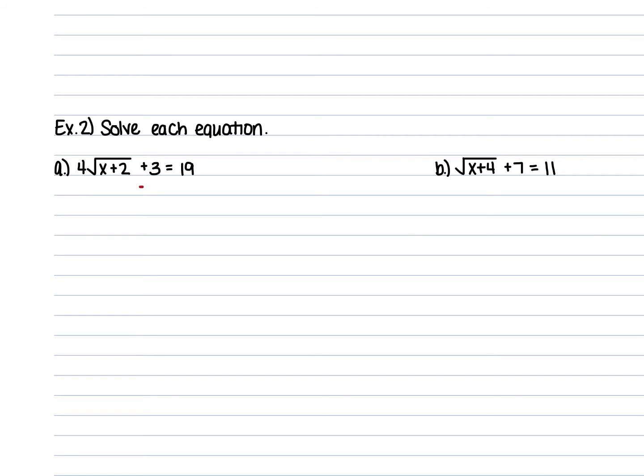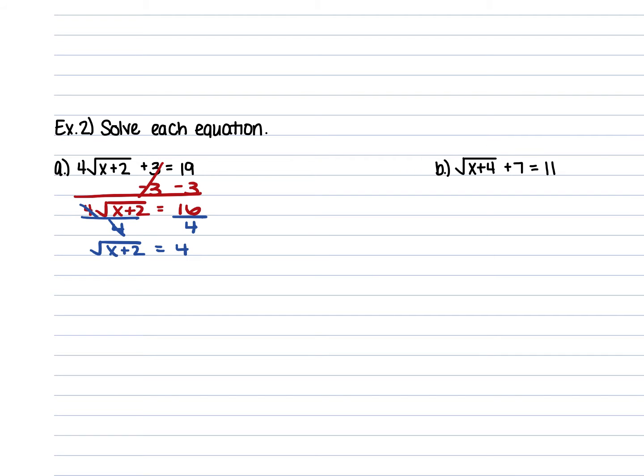So first thing with this one, we are going to subtract 3 from each side. This leaves us with 4 square root x plus 2 is equal to 16. From here, we're going to divide each side by that 4, because the 4 is being multiplied by that radical, to just give us the square root of x plus 2 is equal to 4.